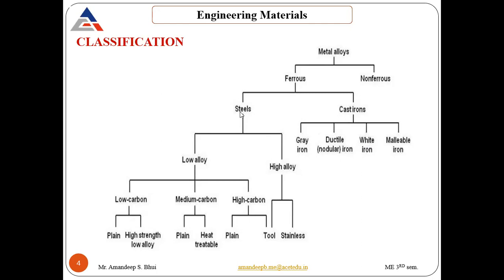Steel, on the other hand, can be low alloy and high alloy steel. If we talk of metals, metals are pure in their form, so there is no impurity in metals. But alloys are made by mixing two or three metals in a homogeneous mixture.